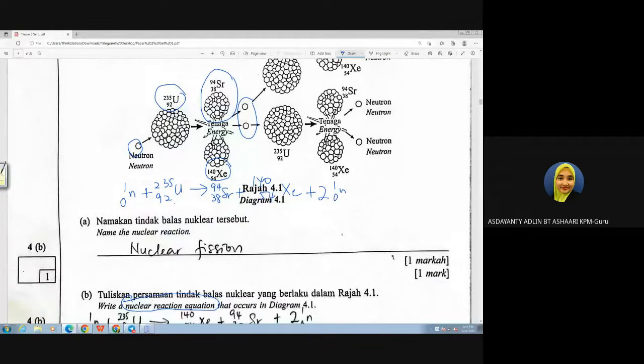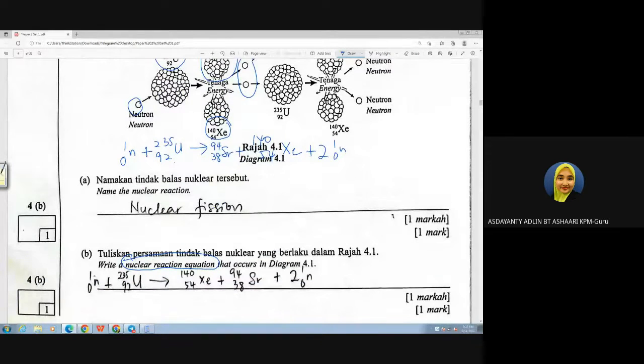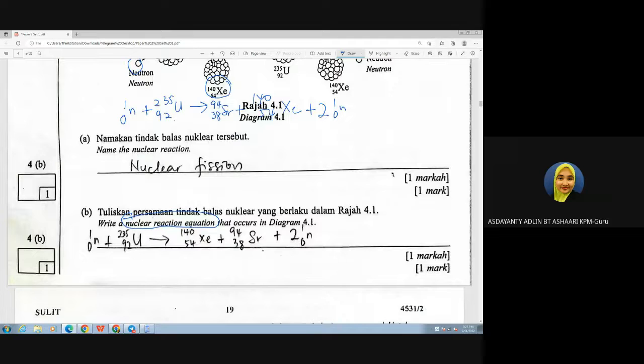So dia jadi macam ini. Ada neutron, sebiji neutron ni bombard with the uranium 235, 92. Then dia split become 2 atoms which is 140, 54 xenon and 94, 38 strontium with 2 neutron, 2 biji neutron ni. So equation dia begitulah.